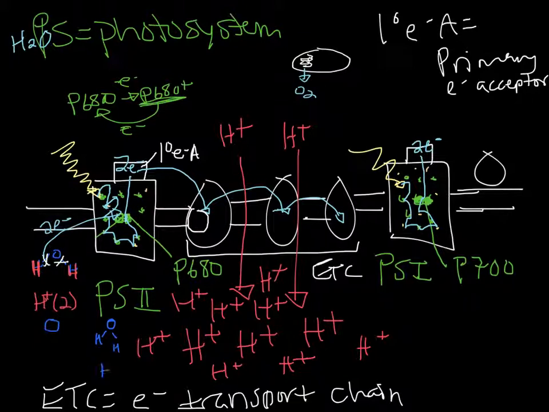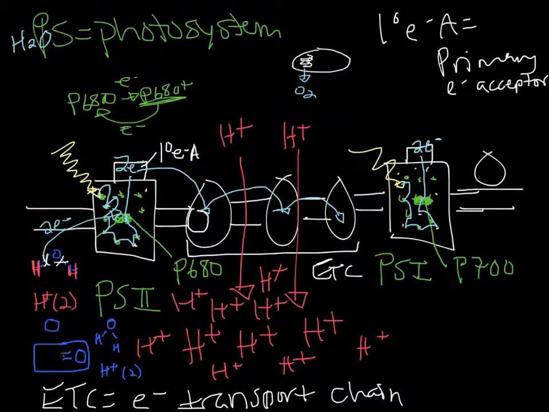So you get 2 more hydrogen ions, and then you get another oxygen. Those 2 oxygens are held next to each other. An enzyme makes a bond between the 2, and now you have an O2 molecule. So that is your oxygen gas product. So all the oxygen that we breathe comes from plants or algae or photosynthetic bacteria. So the water is where we ultimately get our oxygen to breathe.